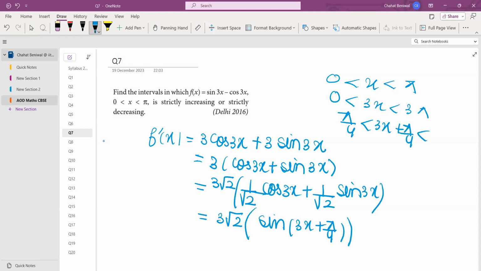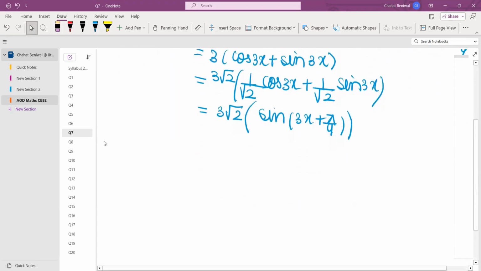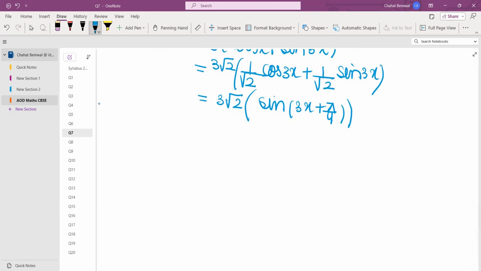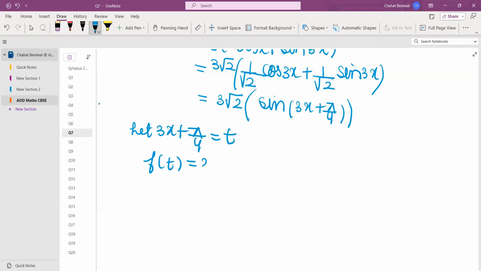Now we'll assume 3x plus pi by 4 to be some variable t. So f of t is equal to 3 root 2 sine t, where t goes from pi by 4 till 3 pi plus pi by 4. We need to find where this function is increasing or decreasing.